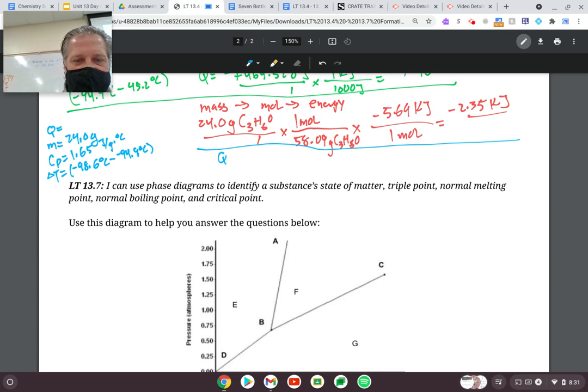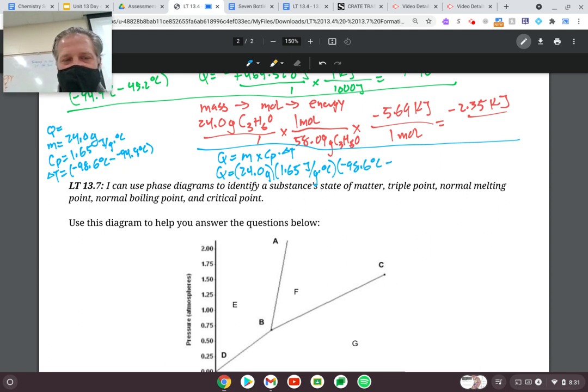So now I'm going to use my formula, which is mass times Cp times delta T, or 24 grams times 1.65 joules per gram per degree Celsius times the negative 98.6 degrees Celsius minus negative 94.9 degrees Celsius.